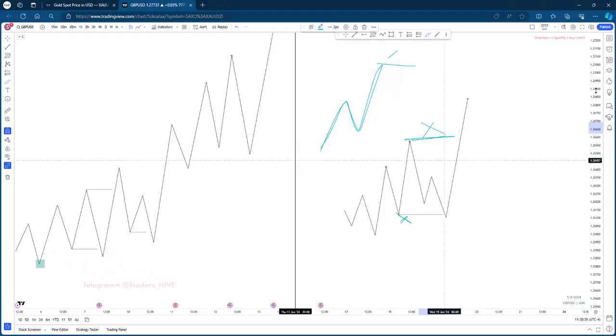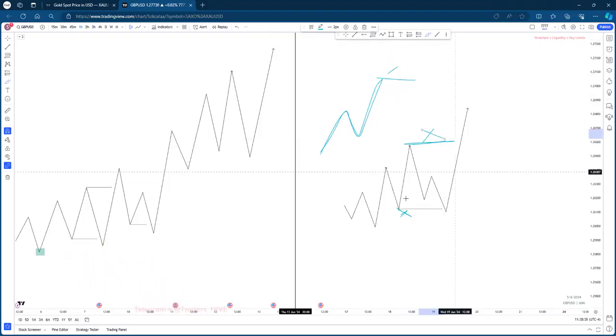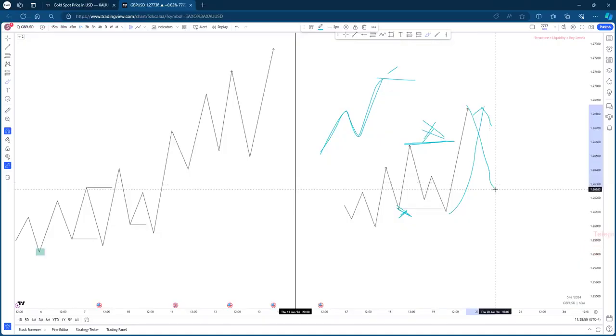In advanced market structure, there are a few things you will actually see. Number one, after price takes out the internal range liquidity, we will see a continuation or an expansion to the upside. And when price takes out an external range liquidity, we are going to see what we call a reversal. Then when we take out another internal range liquidity, like this one here, we have not explained this particular phase yet.